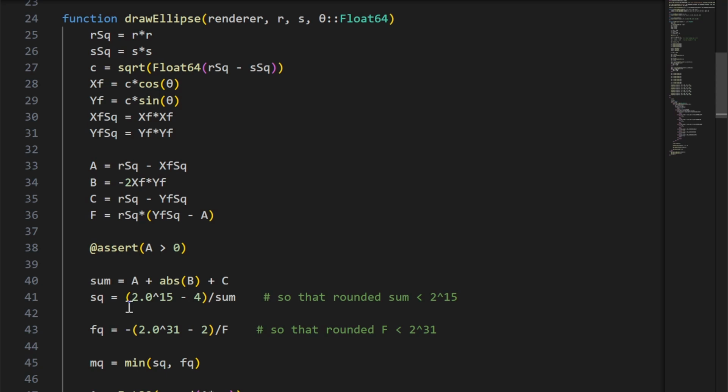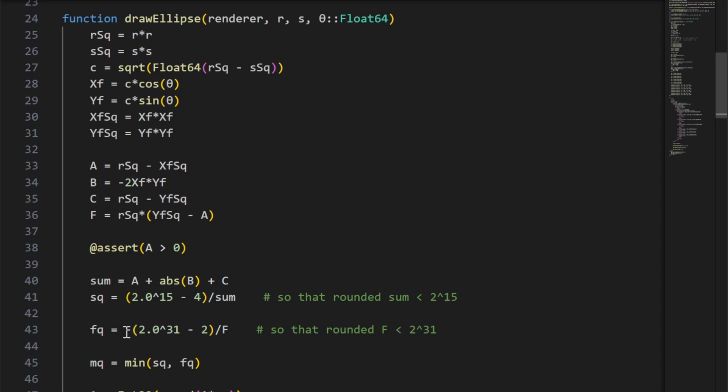And so this is a scaling factor that I would have to multiply everything by to ensure that this sum, this largest value that appears in the algorithm, would be less than 2 to the 15, just a little bit less. Now, the other thing I want is the f value to be less than 2 to the power of 31, because I want that to fit into a signed 32-bit integer.